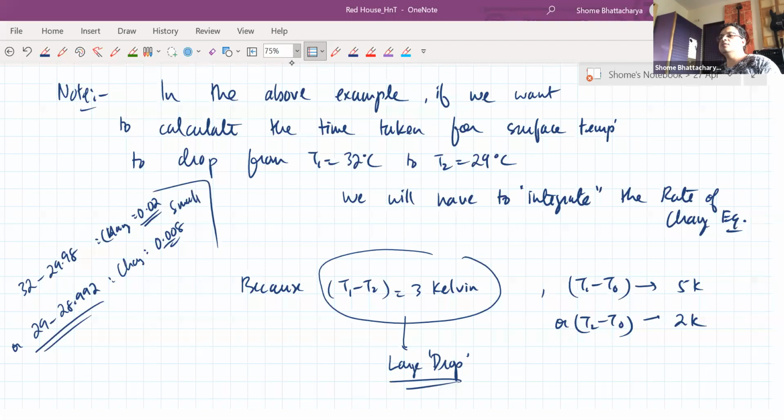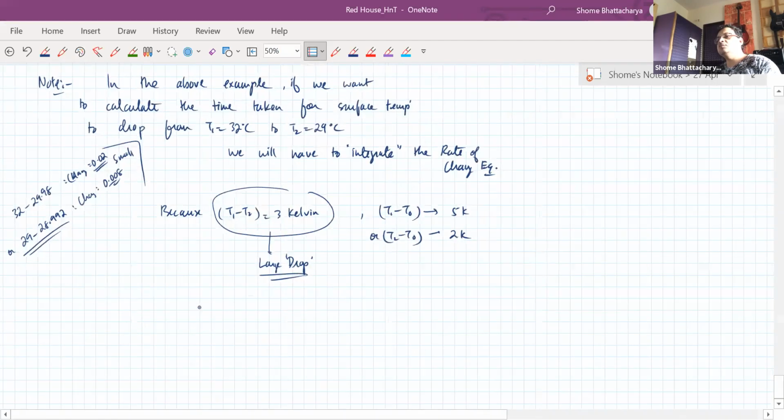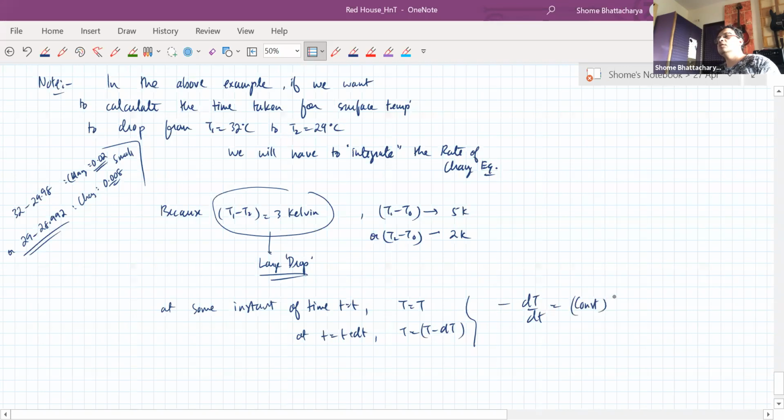So for this kind of situation, we have to take this relation that at some instant of time, the temperature of the surface is T. At time t plus dt, the temperature of the surface becomes T minus dT. So during this time, this rate is equal to that constant into T minus T0.